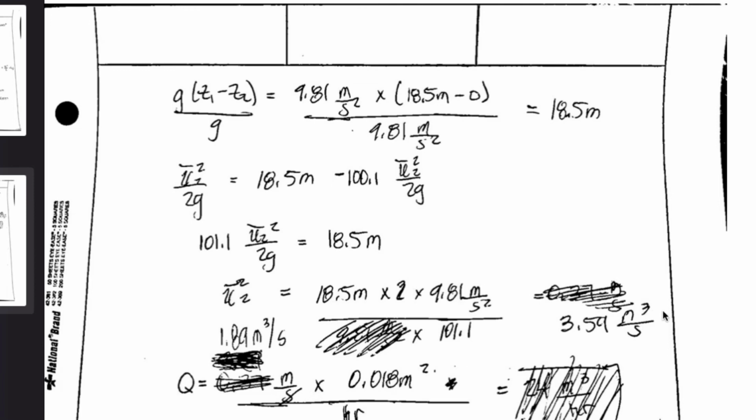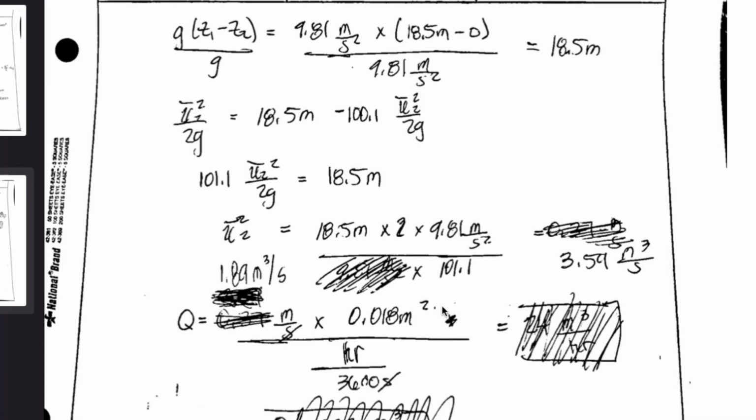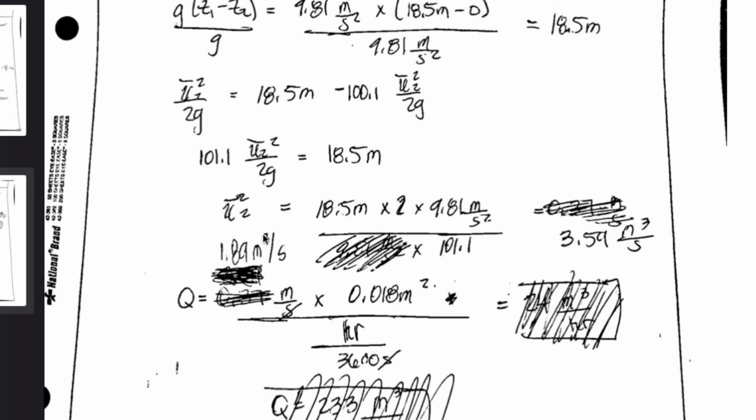So yeah, this is supposed to be meters squared per second squared. Just ignore that. 1.89 meters per second. So that's what it's supposed to be, 1.89 meters per second after you square root that.